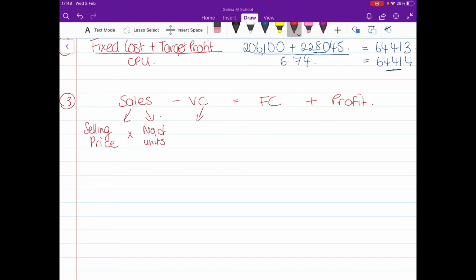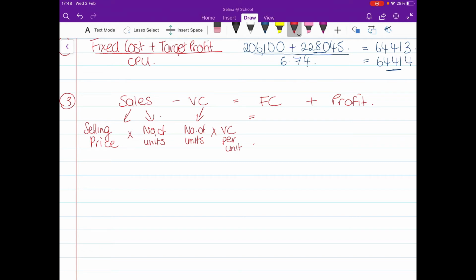Okay, your variable costs are the same. They're based on the level of sales or the level of production. So again, that's your number of units multiplied by your variable cost per unit. Okay, and so your sales minus your variable cost will be equal to your fixed costs plus your profit. Okay, and your fixed costs and your profit are standard.